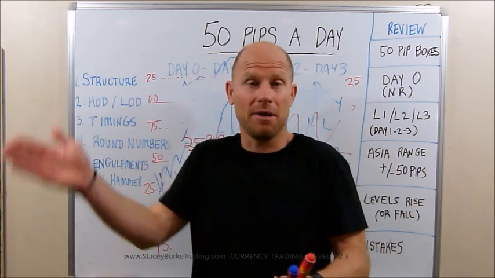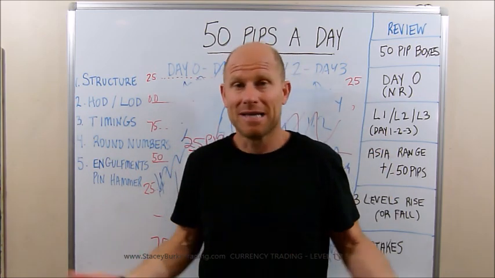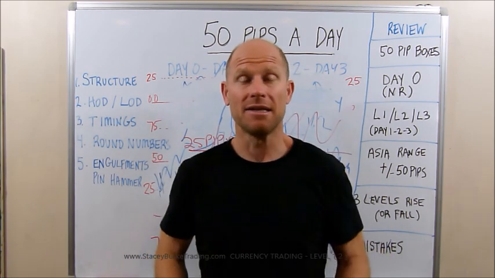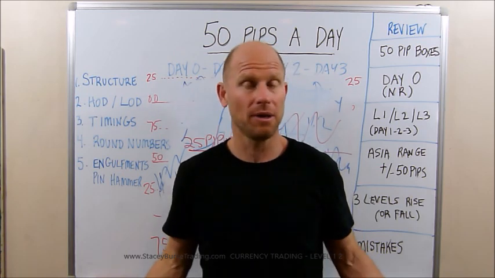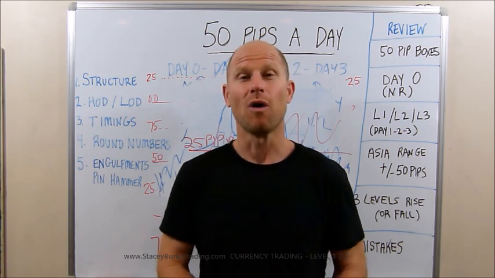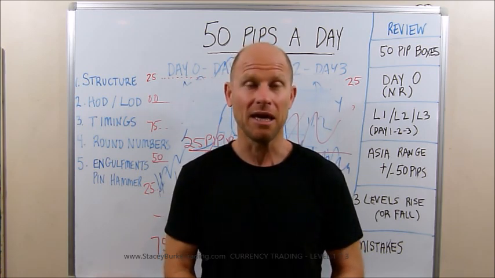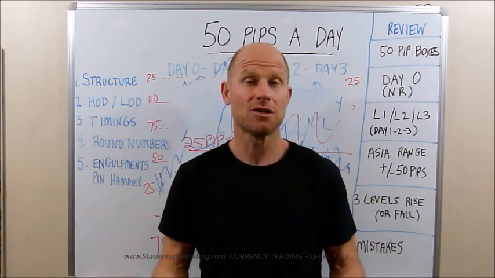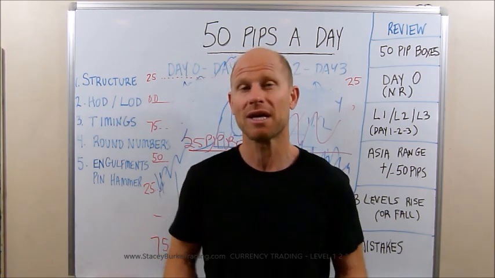So again, I may not see anything that looks textbook perfect towards the end of that Asian session. And some days I'll have a thesis and then it completely goes the other way. So one of the questions I always ask myself is, what would the opposite scenario be of what I think is going to happen? One of the best ways to protect myself is, what's my worst case scenario?